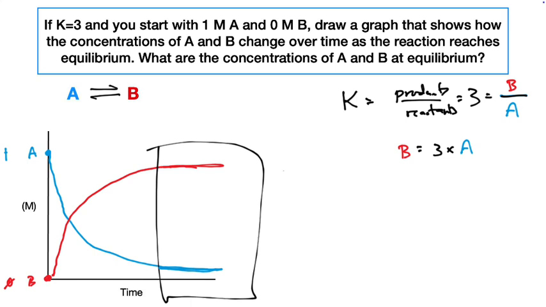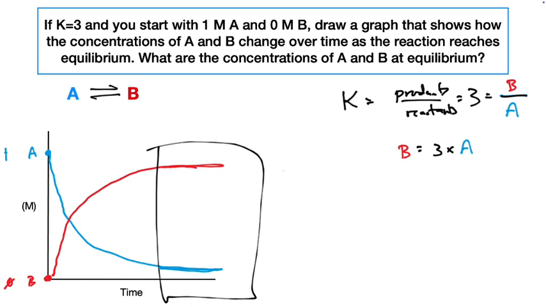So if we look at the plot that I've generated, what do we think our K would be? It's not going to be 1. Sure looks to me like B is approaching where A started, and A had a concentration of 1. So in my K expression, the products numerator is 1.